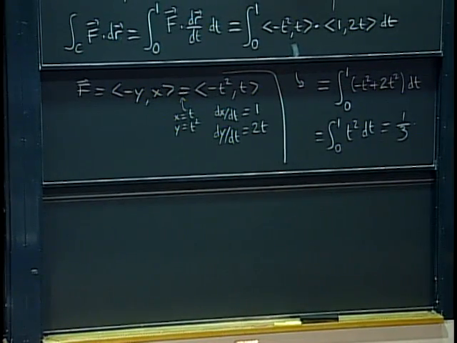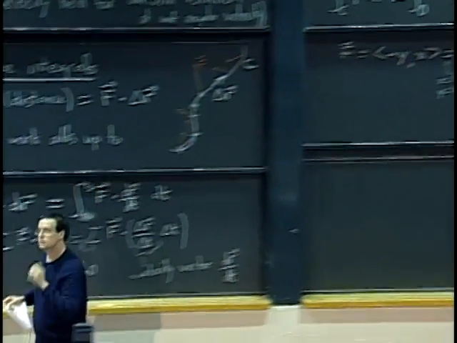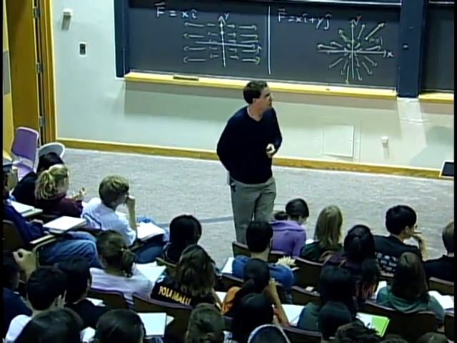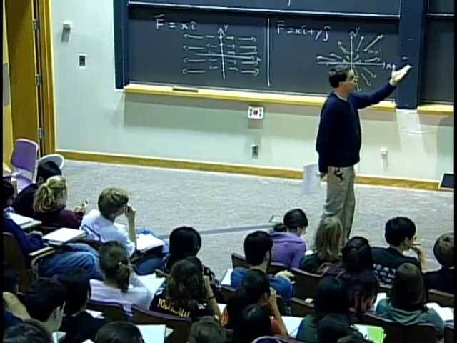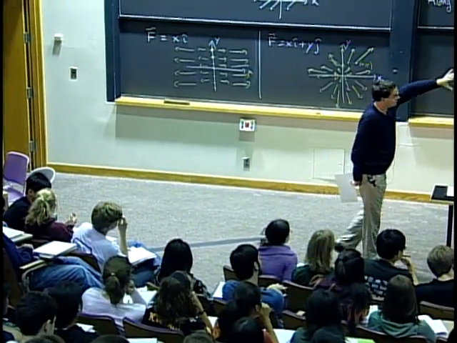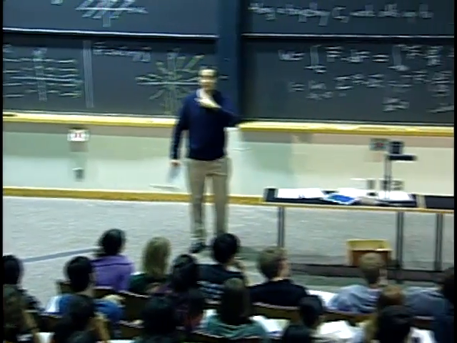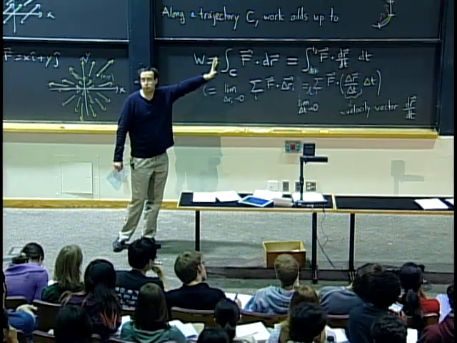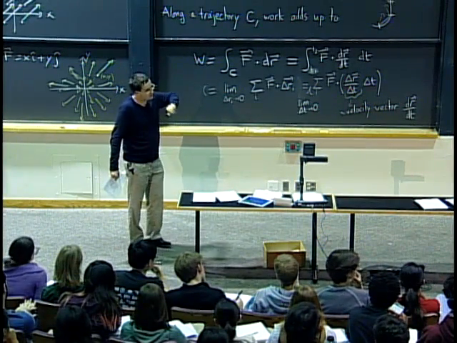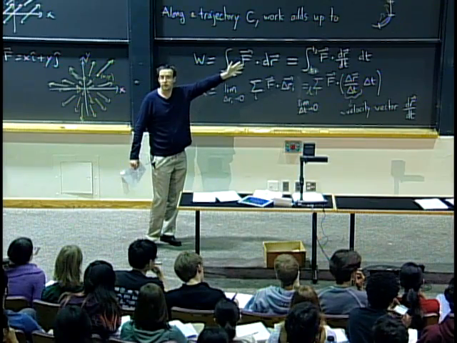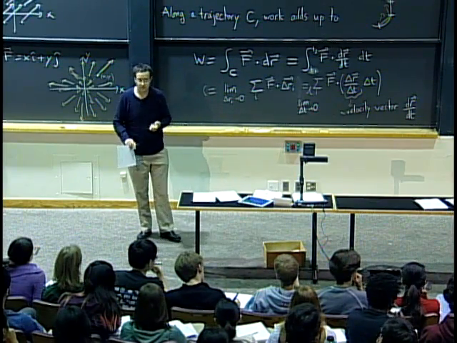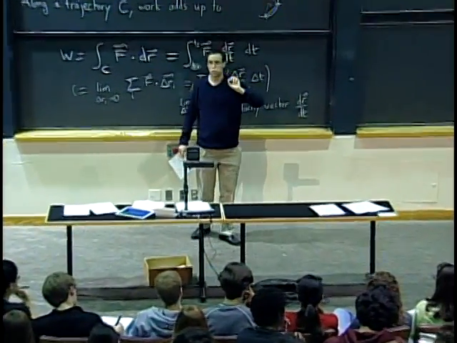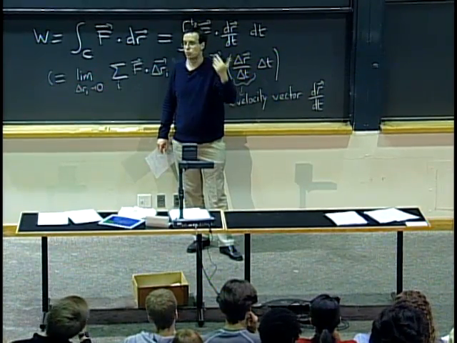Any other questions? Yes, what happens when the force affects the trajectory? Then you would have to solve a differential equation telling you how the particle moves to find the trajectory. That's a useful topic, and probably more like what you will do in 18.03. What we're developing here is a method to figure out, if we know the trajectory, what the work will be.